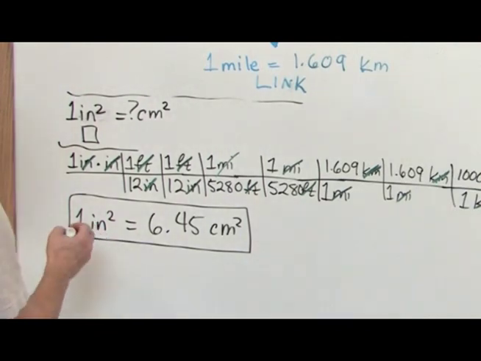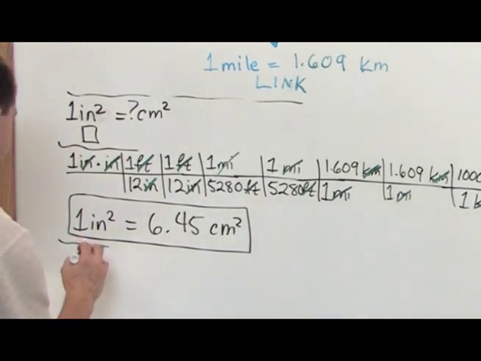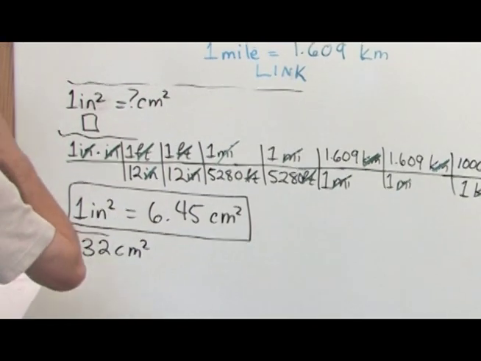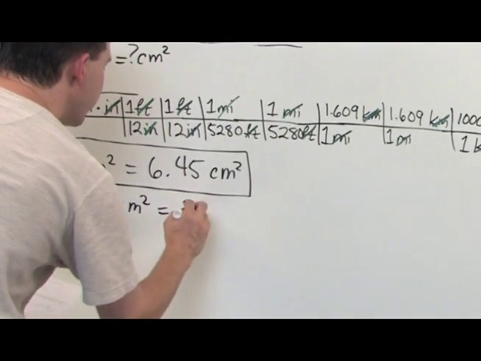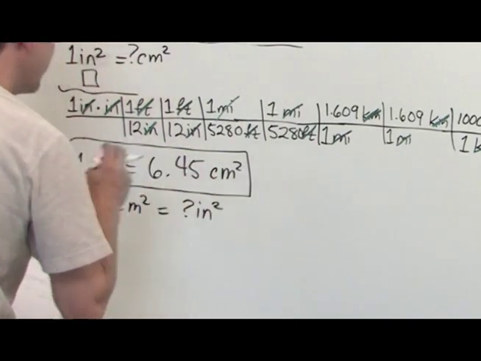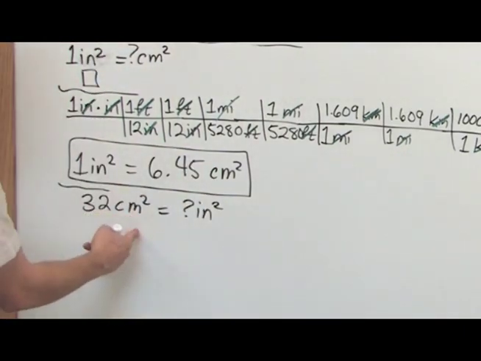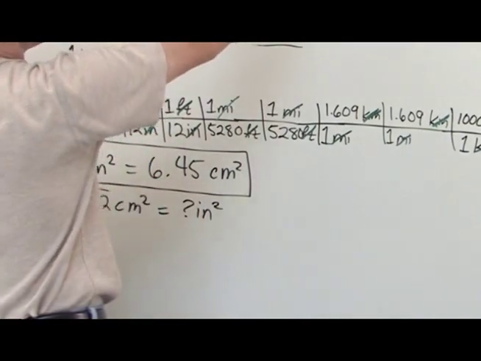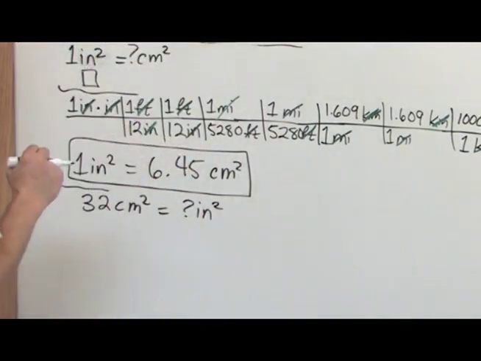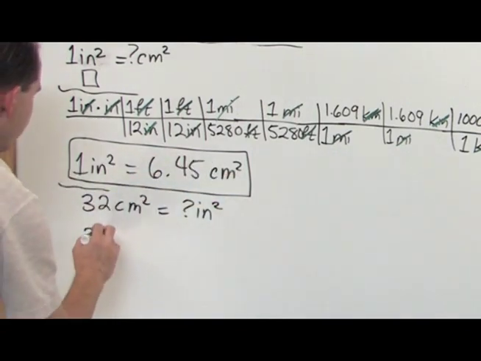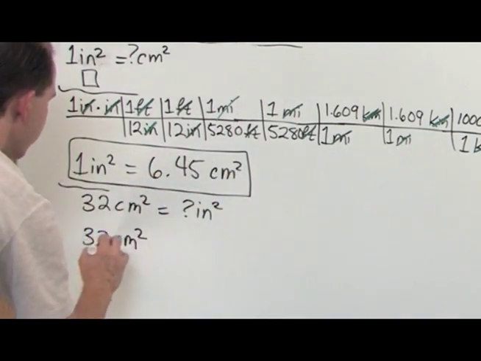Let's say you were given another problem that said, okay, now you have 32 square centimeters. How many square inches would that be? Now, of course, you could start out with square centimeters, centimeters times centimeters. You could go through all the mess all the way like we did and arrive at square inches, but now that I actually have this unit defined, I can start out with 32 centimeters squared.